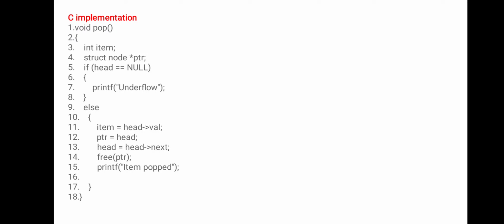If head is equal to null, printf underflow. This is the condition that represents an empty stack. Suppose head is equal to null, meaning head doesn't contain any nodes, so it is an empty stack. Is it possible to delete an element from the empty stack? No. Simply it prints the underflow condition.